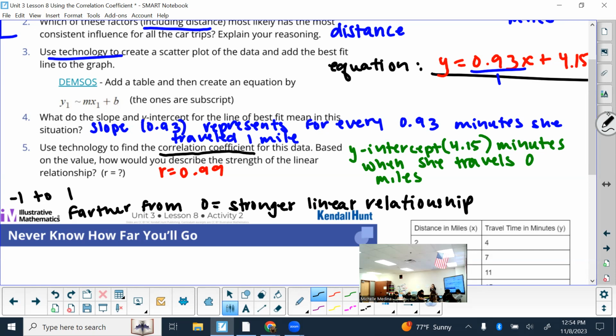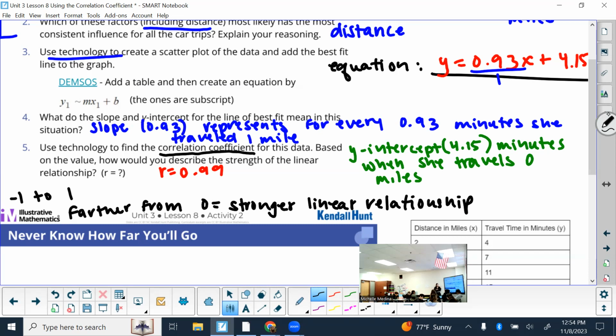R values, correlation coefficient, go from -1 to +1. So what are some numbers in between -1 and +1? 0. What other numbers are between those numbers? 0.5, 0.1. There's lots of numbers in between those numbers.